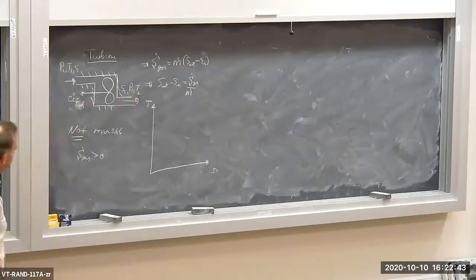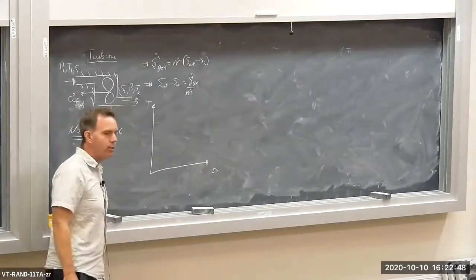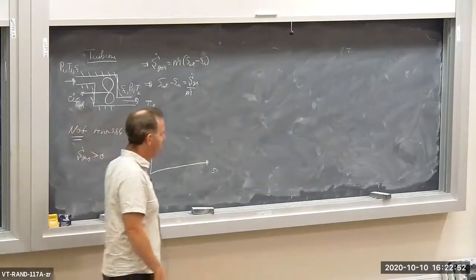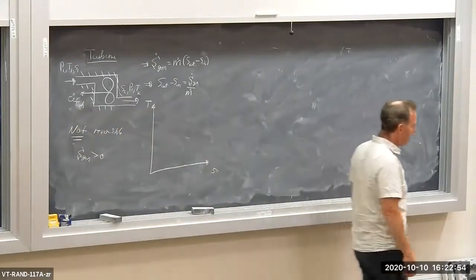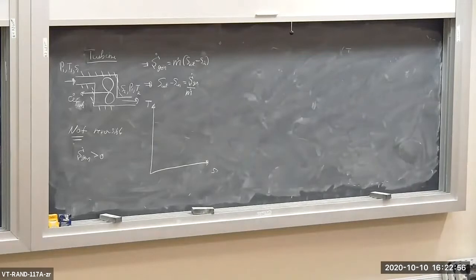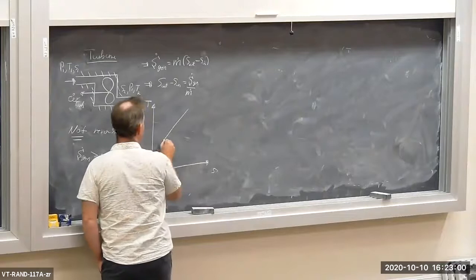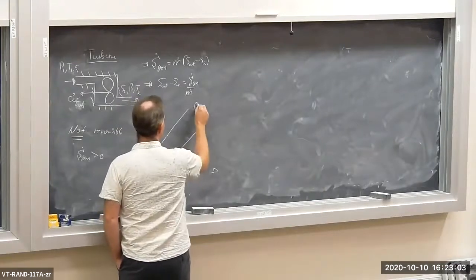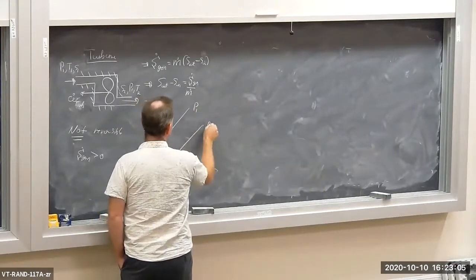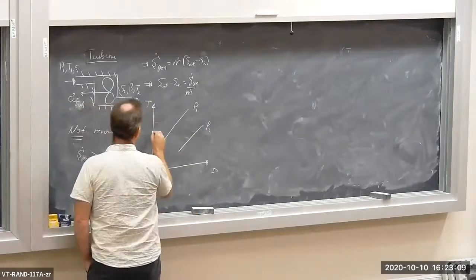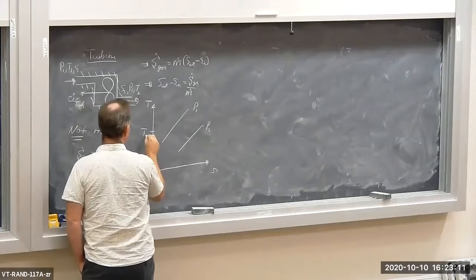Okay, so I have inlet and outlet properties. Presumably this turbine is decompressing, so pressure is falling in the turbine, and so is temperature falling because I'm extracting work. So we have two isobars here. See, we have P1 and we have P2. And I may have a T1 here.